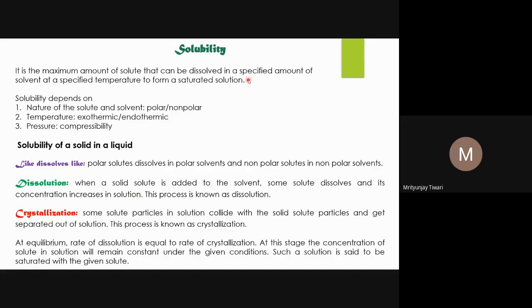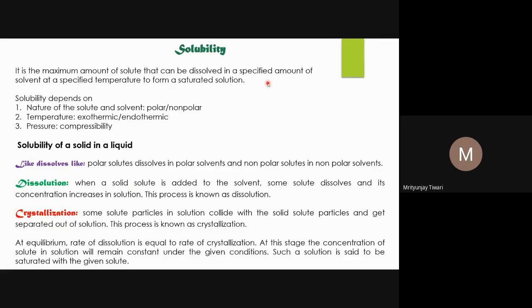That is what we do with shaking and stirring. After a certain time, what will you see? If you add even a single particle, the next particle will not go into the solution. It won't dissolve. That state, where even a single particle cannot go into the solution phase, is called the saturated state, or the solution is called the saturated solution.